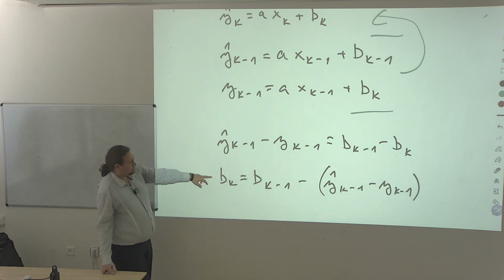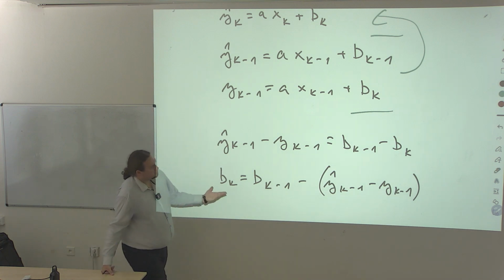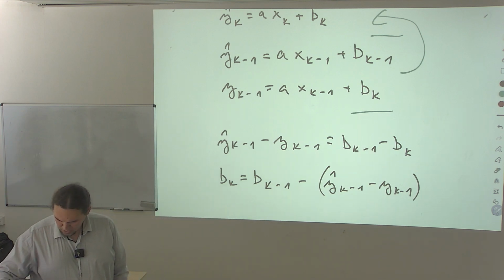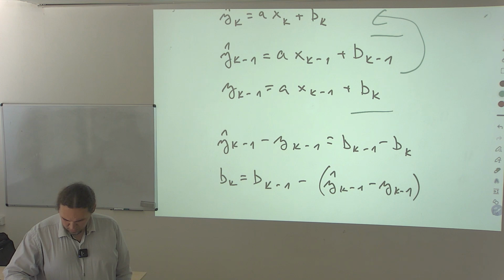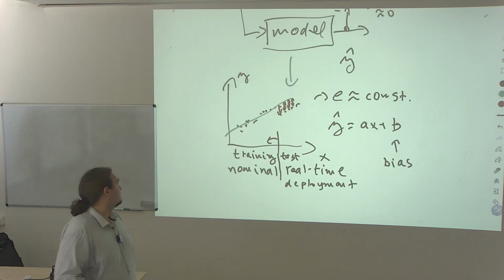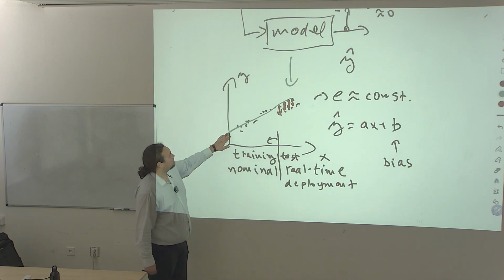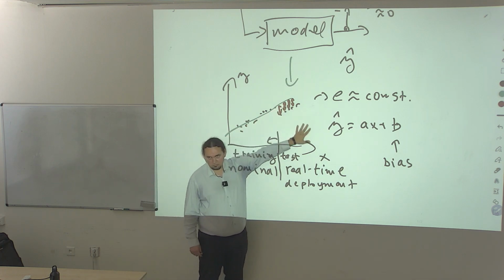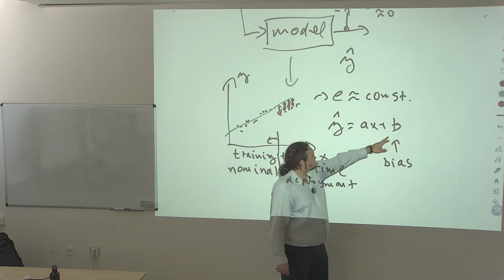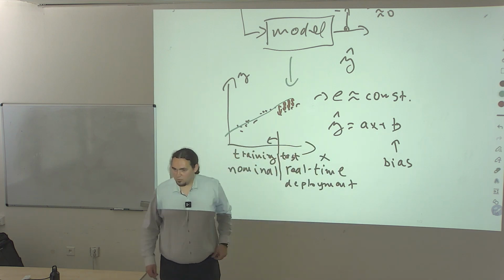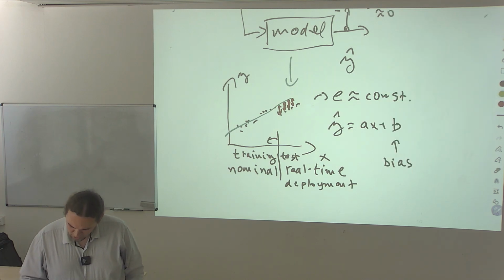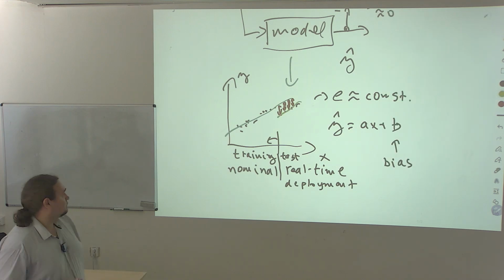mechanism that will make us, what will it do? Our former prediction, this blue line, is now at some point wrong. If we just change the bias, we can achieve this shift.